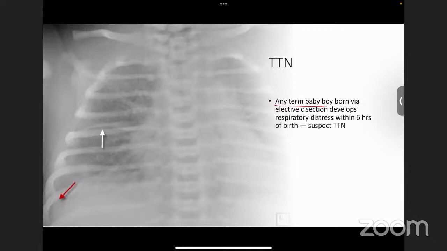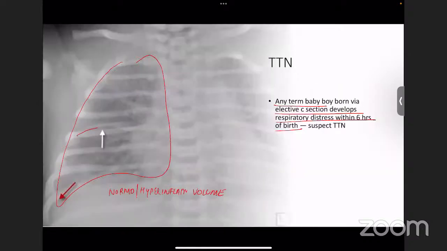Any term baby boy born via elective C-section develops respiratory distress within 6 hours of birth, and you are seeing an X-ray with a normal or hyperinflated lung, or large volume lung, with fissure and bronchoalveolar marking.